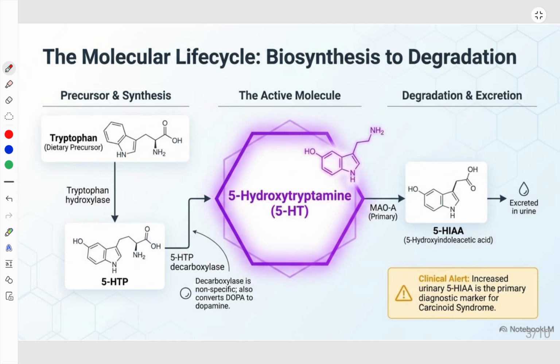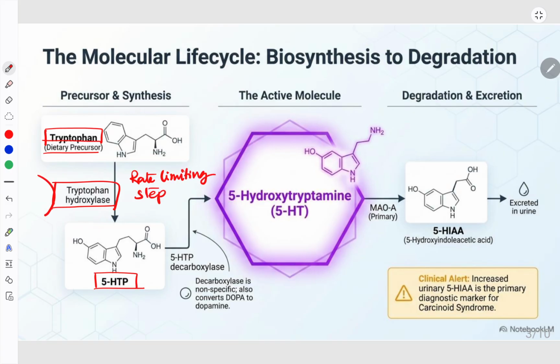Let's look at the life cycle of serotonin. Serotonin is obtained from the amino acid tryptophan, and tryptophan is obtained from the diet. So tryptophan is the dietary precursor of serotonin. Tryptophan is converted into 5-hydroxytryptophan by the enzyme tryptophan hydroxylase, and this is the rate limiting step in the synthesis.